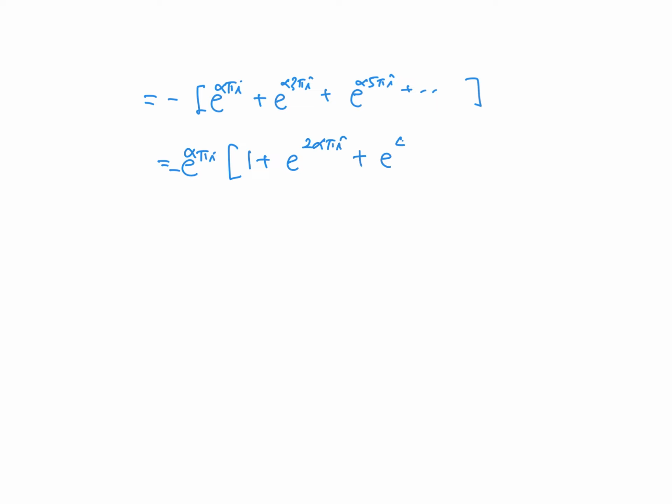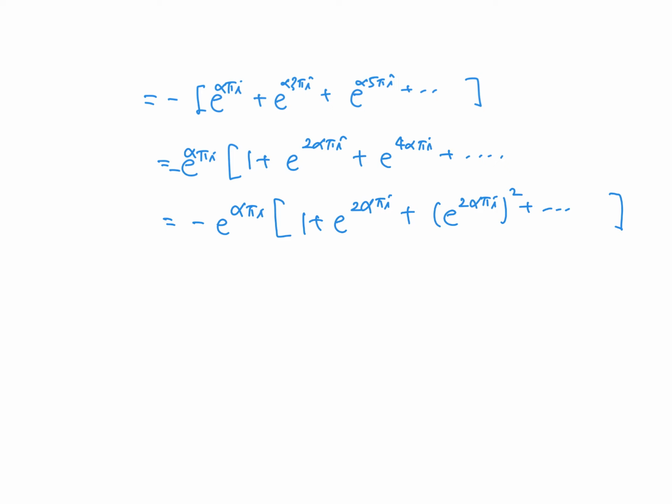It becomes minus the sum of exponential alpha pi i at pi i, 3 pi i, 5 pi i, etc. So 1 plus exponential 2 alpha pi i plus exponential 4 alpha pi i, etc. So it can be written as minus exponential alpha pi i times 1 plus exponential 2 alpha pi i plus exponential 2 alpha pi i squared plus etc. And you learned how to add geometric series since high school.